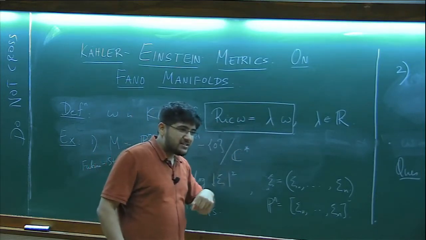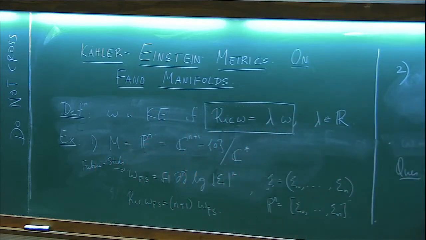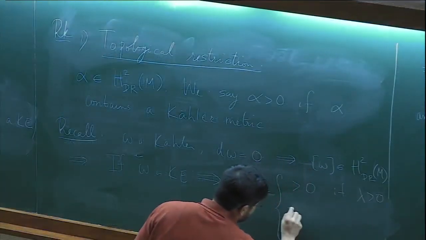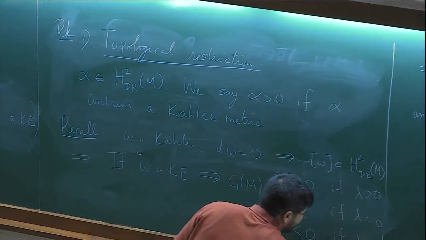So if you have a Kähler-Einstein metric, your first Chern class must have a sign. Okay, so this implies that if omega is a Kähler-Einstein metric, then the first Chern class splits into 3 cases. So either it's positive if lambda is positive, it's 0 if lambda is 0, and it's negative if lambda is negative.